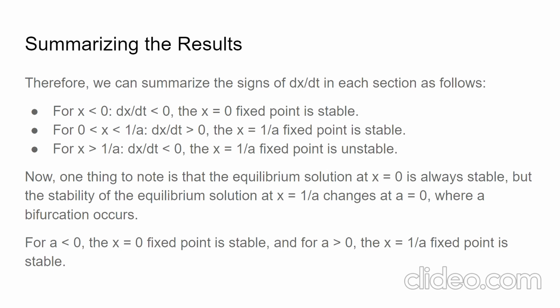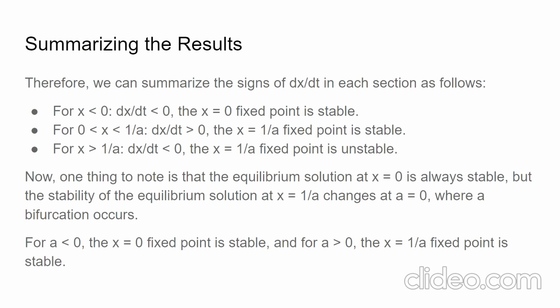For x greater than 0 but less than 1 over a, our derivative dx/dt is greater than 0, and the x equals 1 over a is a fixed point and is stable. For x greater than 1 over a, however, dx/dt is less than 0, and the x equals 1 over a fixed point is unstable here. The only one that is unstable is that second area.